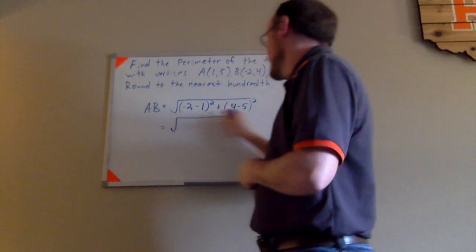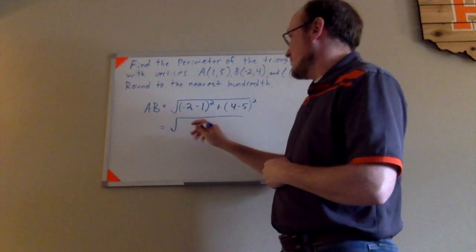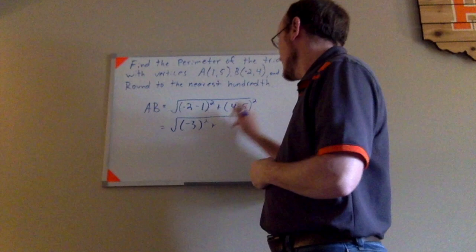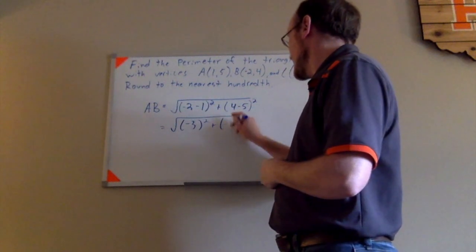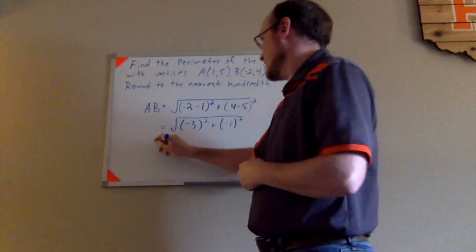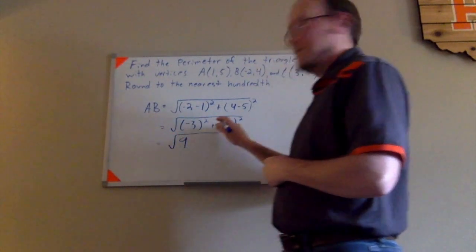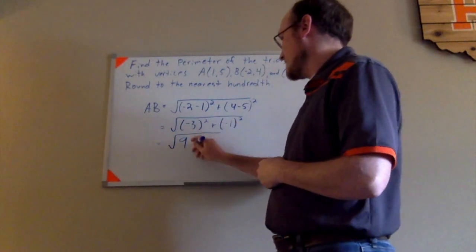I would have the square root of (-2 minus 1), which is -3, and 4 minus 5 is -1. -3 squared is +9. -1 squared is +1.